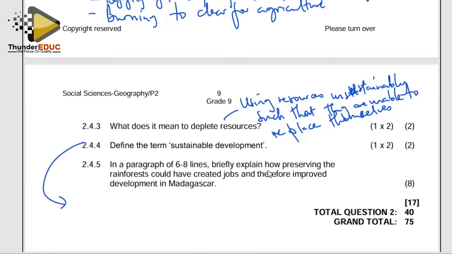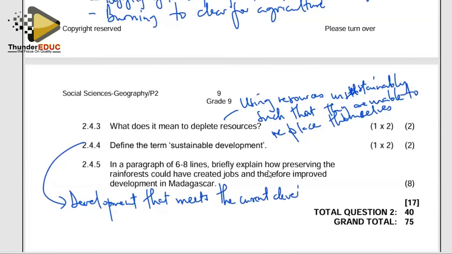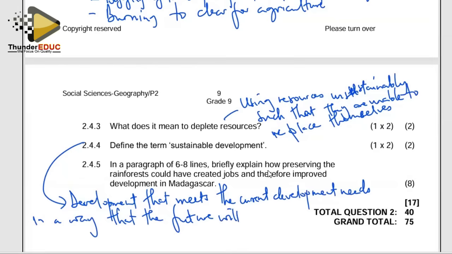So it's sustainability, we're saying it's a kind of development that meets the current development needs in a way that the future will also benefit.